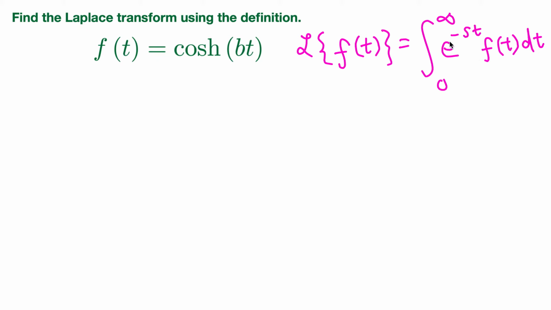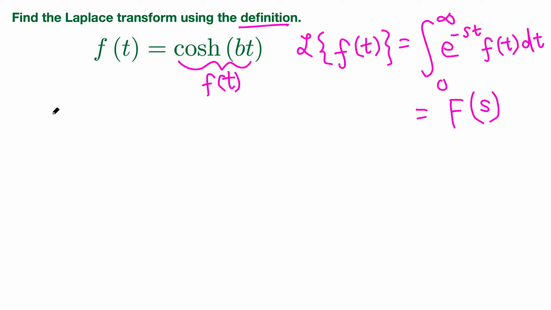At the end of the day, when we evaluate, this is going to be a function, let's say uppercase F of the variable s. Our function here is f of t, and we are asked to use this definition.